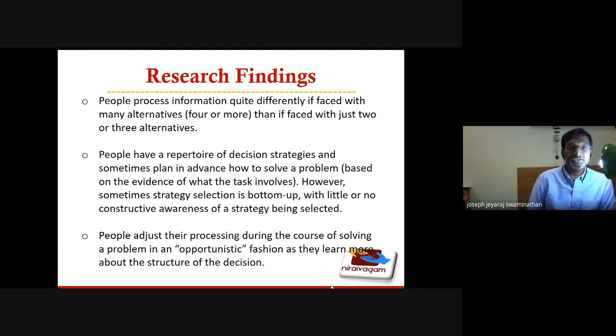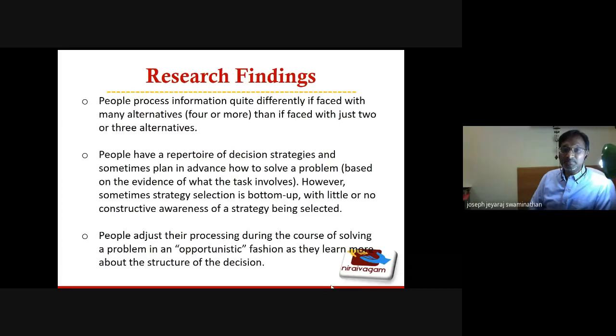The second is people have a repertoire of decision strategies and sometimes plan in advance how to solve a problem. So it depends on, Father was talking about personality, emotion, the environment. That's how the repertoire of decision strategies comes into effect, depending on each person, the personality and the environment. But the strategies that you make are very important.